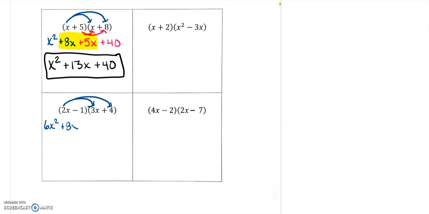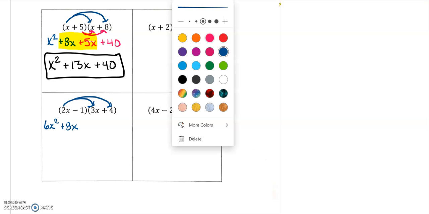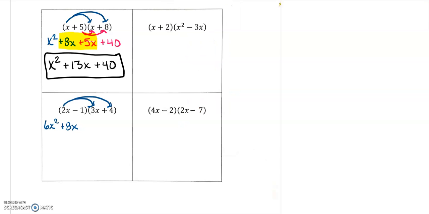So we get plus 8x. Now we're going to distribute a second time. We're going to distribute the negative 1 to the 3x and the negative 1 to the 4. Always take the sign in front. We've got to make that a negative 1. So negative 1 times 3x is a negative 3x, and negative 1 times 4 is a negative 4.